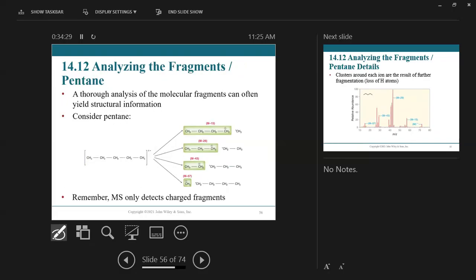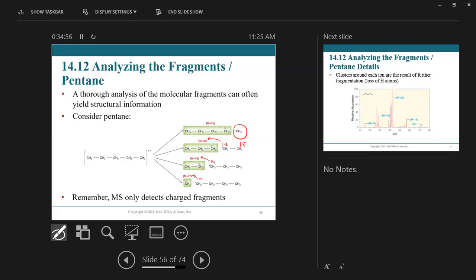So the thorough analysis of molecular fragments can often yield structural information. Here we're taking off 15. See that? That's a loss of 15 right there. It's a loss of 15 plus 14, and that's how you get the 29. You can keep on adding another 14 to get 43. Another 14 will get you 57.